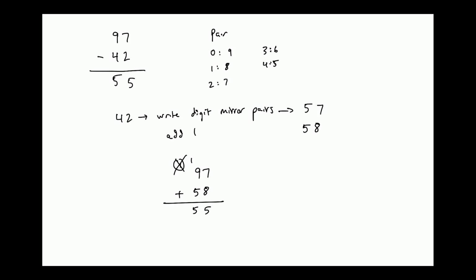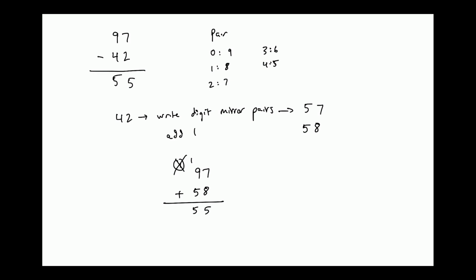So I wrote down the nines complement, added 1, and that gave me the tens complement. The way that we'll do this in binary is exactly the same, except it's the 2's complement and 1's complement instead of 9 and 10, because we've only got 2 digits.